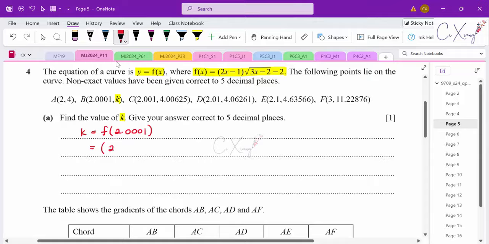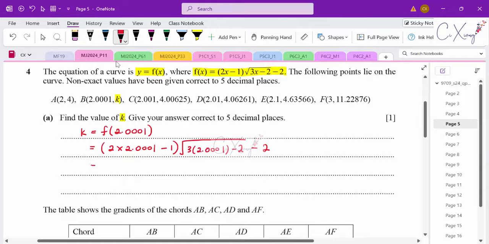So 2 multiply with 2.0001 minus the 1, then multiply with square root 3 multiply with 2.0001, then minus 2 inside the square root, and then you have a minus 2 outside the whole function.